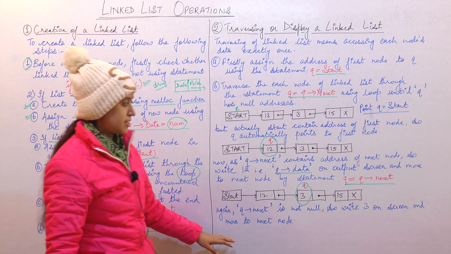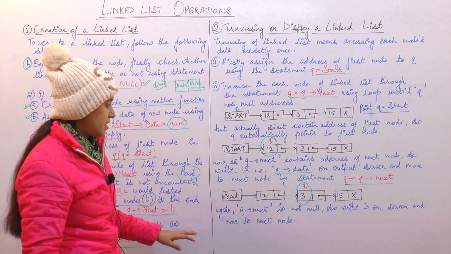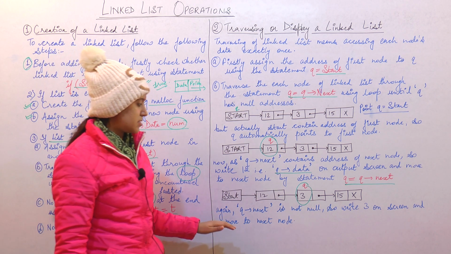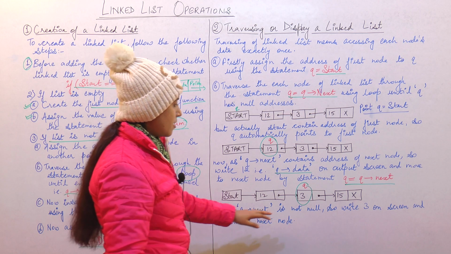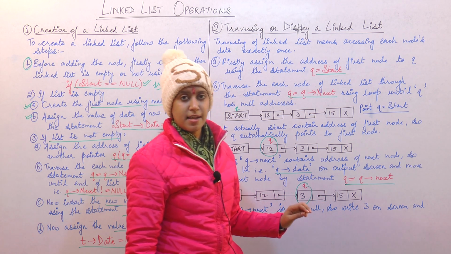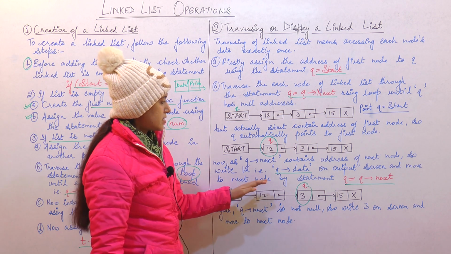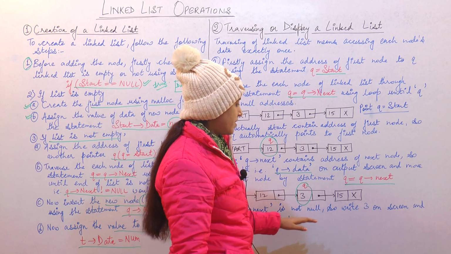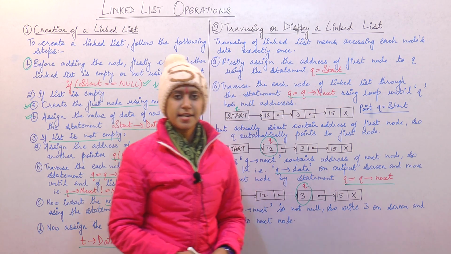This statement is followed continuously until we reach the end of the linked list, which is indicated when the pointer field of the node contains a null value. So this loop keeps executing till the pointer field of the node contains null.